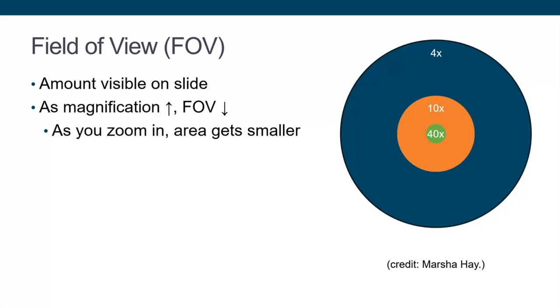So as we zoom in, we're going to see less space. But the good part of that is the resolution is going to get better. We're going to be able to see that smaller piece even better than we did the full big 4x view. Okay, so moral of the story here: as we zoom in, our area gets smaller. We see less of what we are looking for.